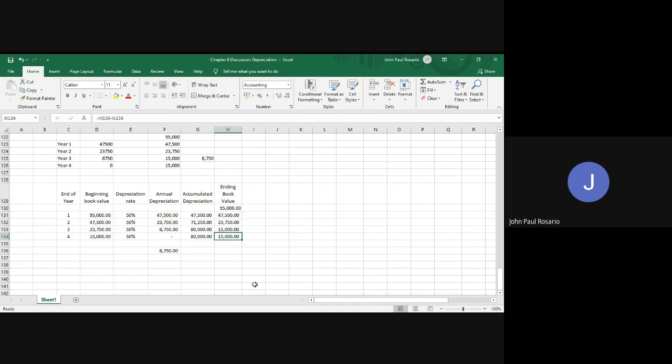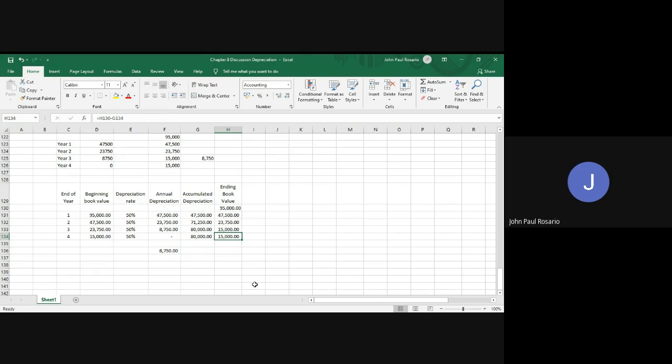And again, that is acceptable and that is okay. Okay? Because it's the company who decides kung unsa nga depreciation method ang ilahan buhaton. Now, guys, if the problem is silent, always use the straight line method.